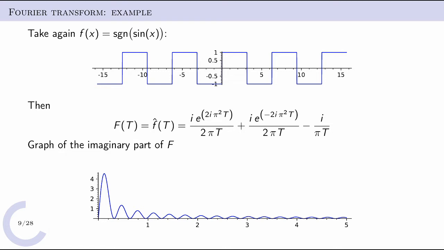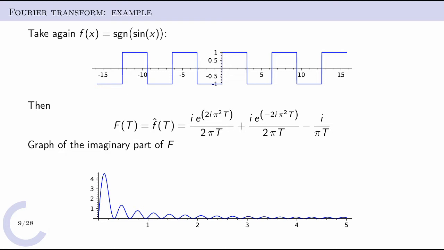It's the sum of these three fractions: minus i over p times t plus e times the exponent of 2i p squared t over 2pt, plus i times the exponent of the opposite number, meaning minus 2i p squared t.